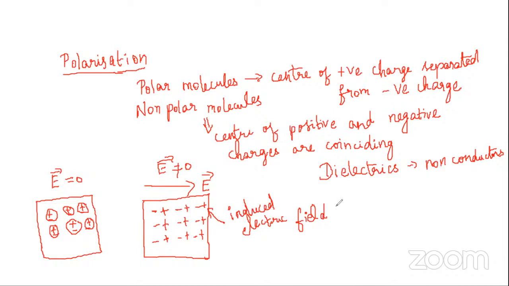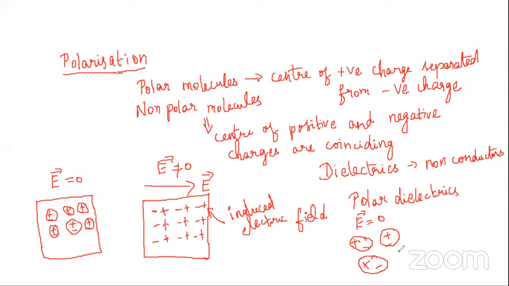What about polar dielectrics? In the case of polar dielectrics, you have charge separation even without the external electric field. So even though E equals 0, you have a charge separation, but the orientation of these dipoles is in random directions in the absence of an external electric field.